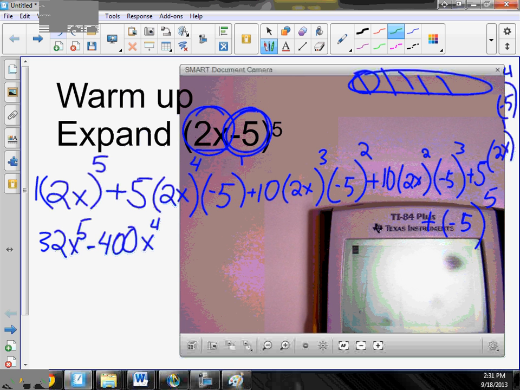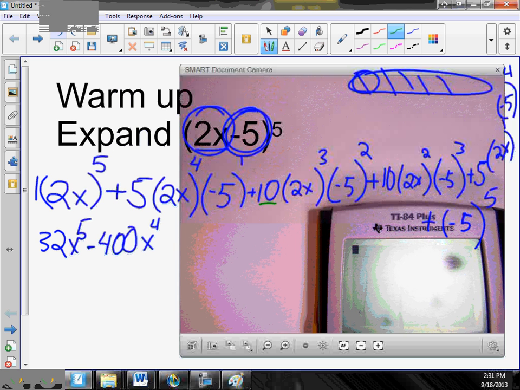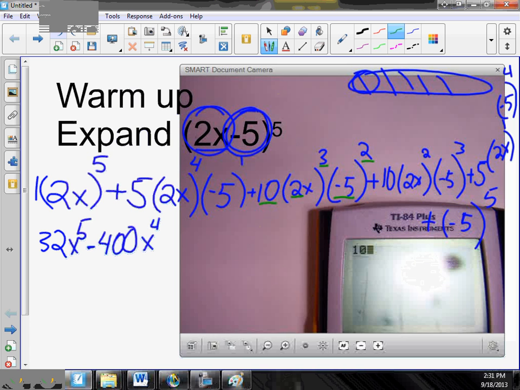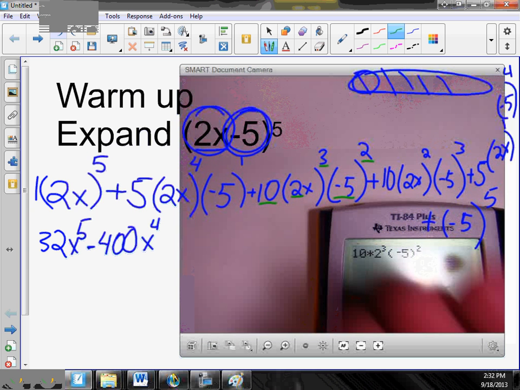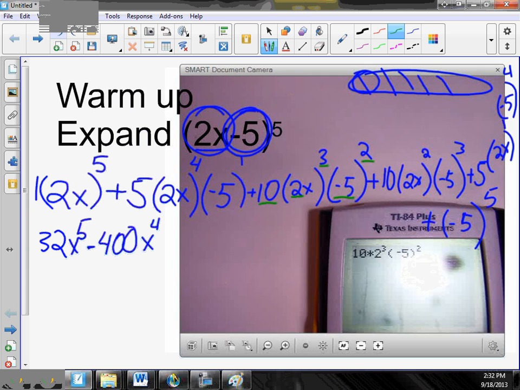All right. For the third term, 10 times 2 to the 3rd times negative 5 squared. Maybe I can make it not pink. Yeah, that helped a little bit. That says 2,000.